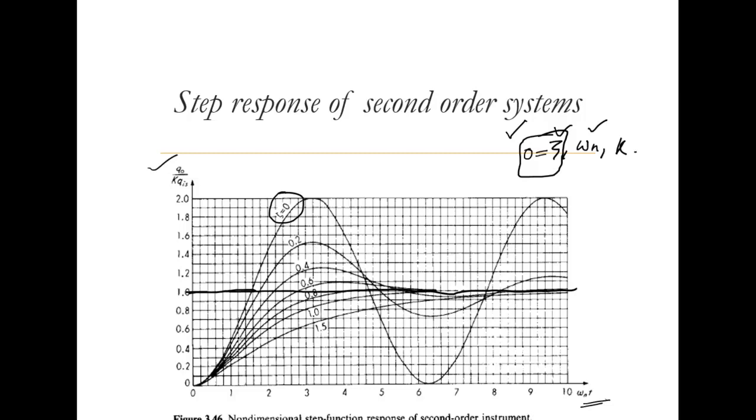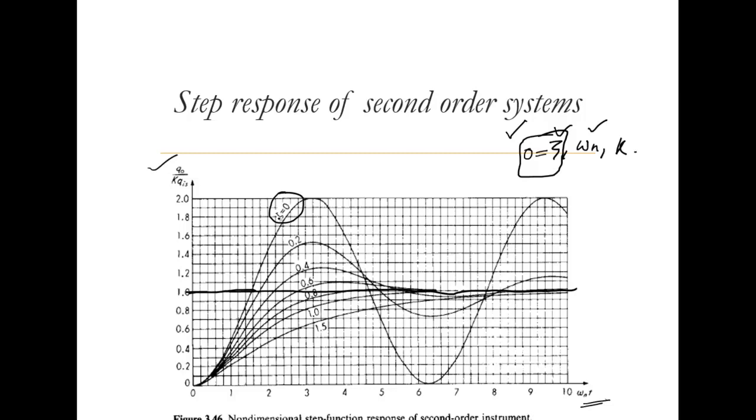And then we go on to zeta equal to 0.4, and increase zeta to 0.6. Now you see, as zeta increases to 1, we have almost no oscillations in the output. But mind you, you have to be careful while designing these instruments, because this is at the expense of delay.